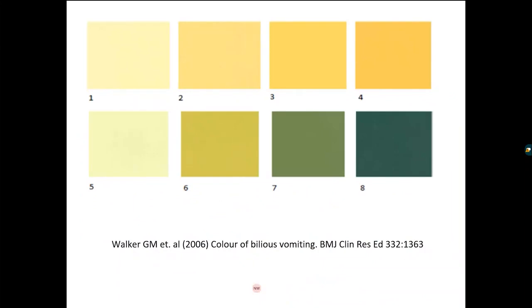This color chart was first published in 2006 in the British Medical Journal, where they identified a color palette which signifies significant bilious vomiting in newborns. According to this palette, colors 6, 7, and 8, which signify more and more green vomiting, are considered significant in terms of a pathological cause of vomiting.